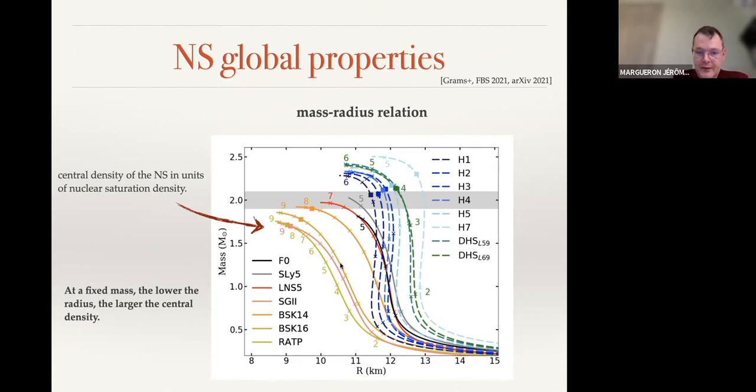And the reason why they are so soft is because the symmetry energy is bending down. So there is an interesting correlation between the behavior of the symmetry energy at high density and the softening or stiffening of the equation of state.